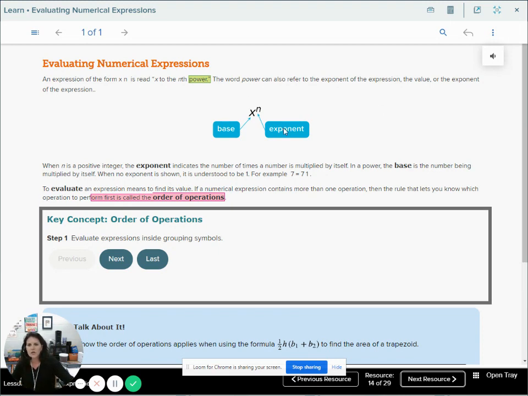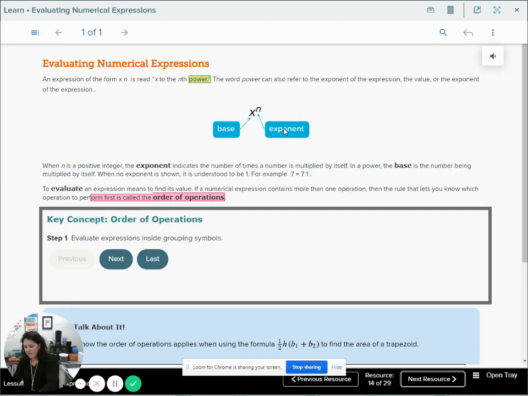So we've got two parts of a power. We've got our base, and we've got the little bitty number, which is the exponent. This whole thing together is called a power. The bottom number is called the base, and the little itty bitty number is called my exponent. So when n is a positive integer, the exponent indicates the number of times a number is multiplied by itself. In a power, the base is the number that's being multiplied by itself.